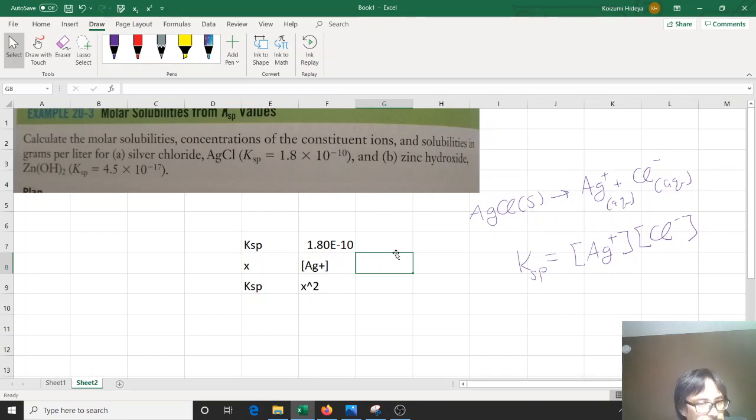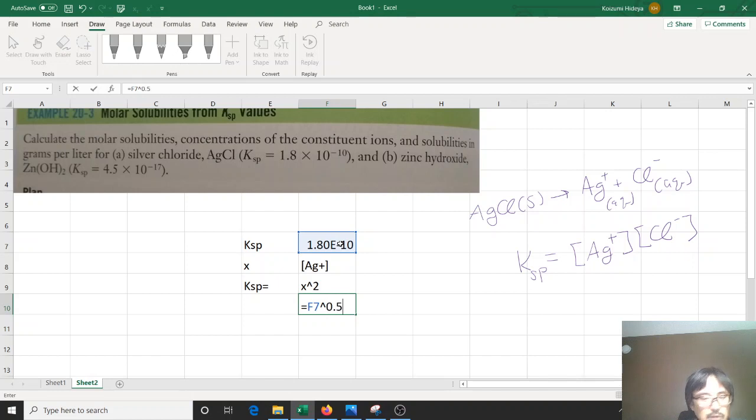And that X is also equal to the number of moles of AgCl per liter. So all you have to do is take a square root and solve for X. Ksp is equal to X squared, so X is equal to Ksp to the power of 0.5, which is a square root.